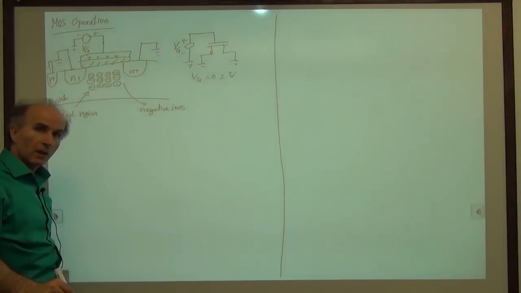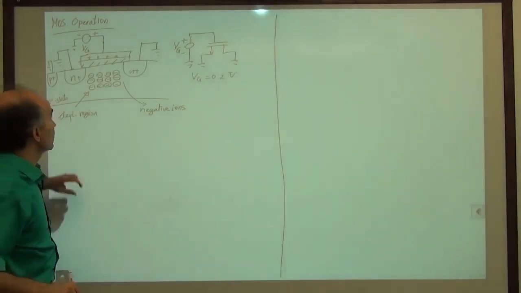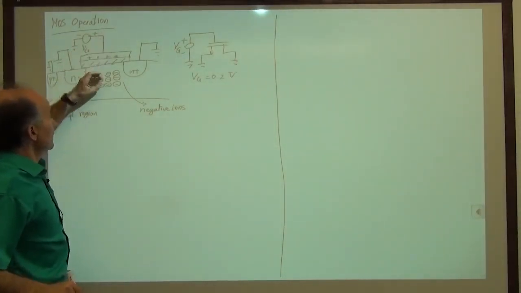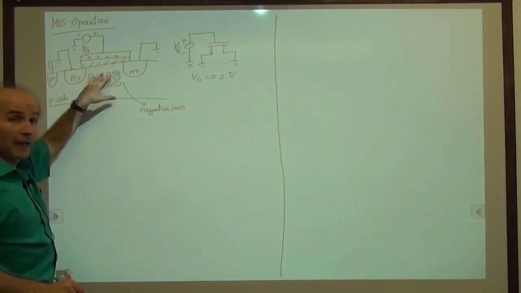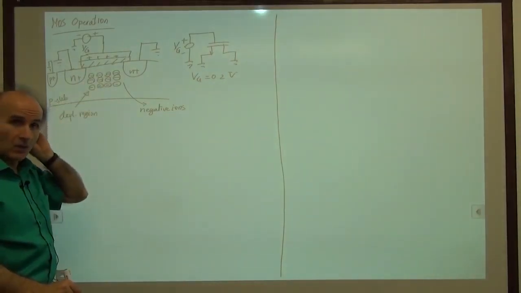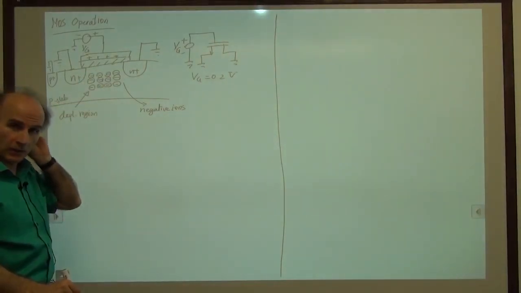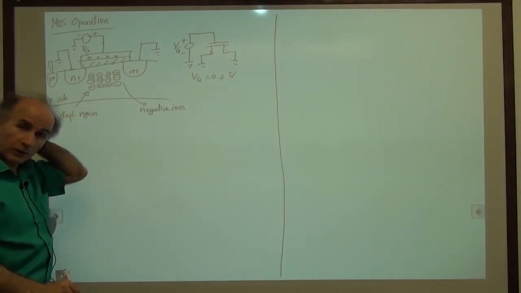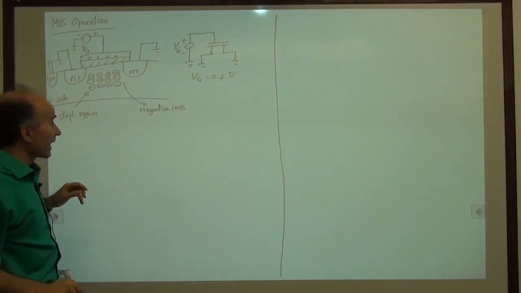Okay. All right, so does this mean that if we just keep increasing this voltage, this depletion region becomes wider and nothing else happens? No, that would be a really boring situation. That's not that interesting.